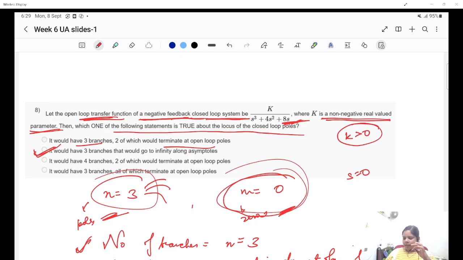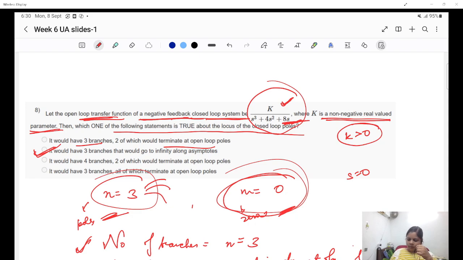Closed loop would be this upon 1 plus GsHs, where Hs is 1. So what we are doing is, if you take into account the complete characteristic equation for the closed loop system, you will not get a transfer function of this format. So it is essentially dealing with the open loop transfer function and seeing how the closed loop poles vary with respect to k.